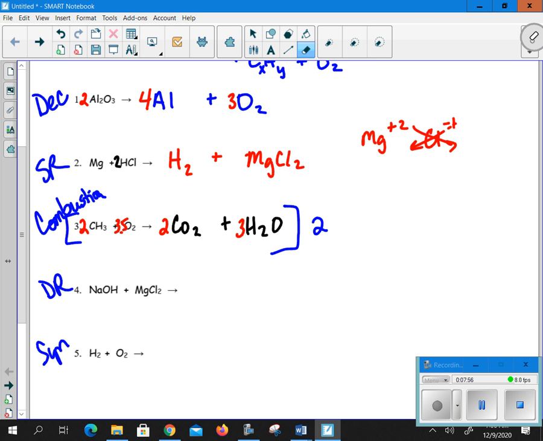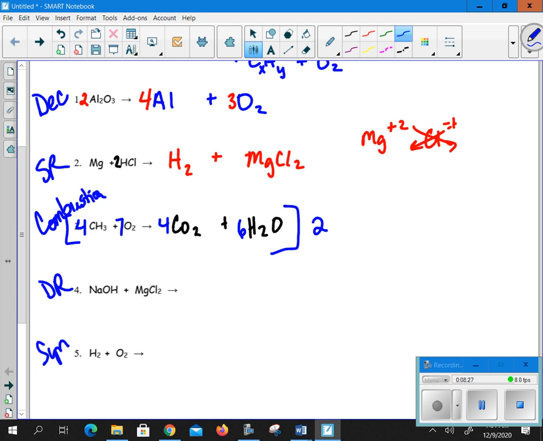So if I multiply this first coefficient of 2 times 2, then that would now become a 4. And when I multiply 3.5 times 2, that would become a 7. And when I multiply the 2 times 2, that would become a 4. And when I multiply the 3 times 2, that would become a 6.